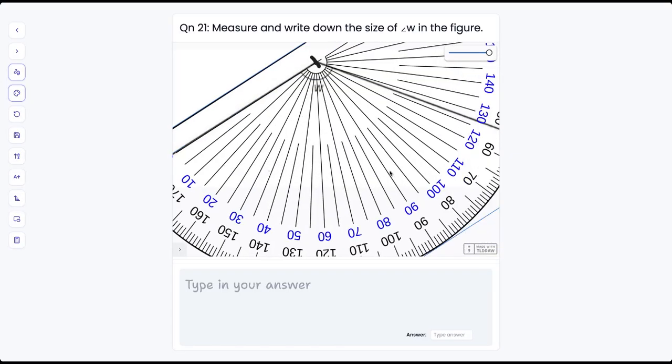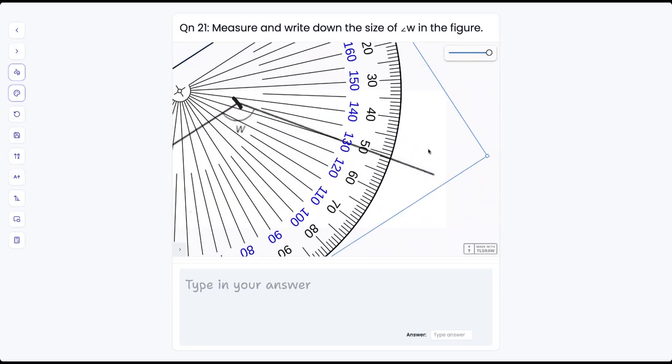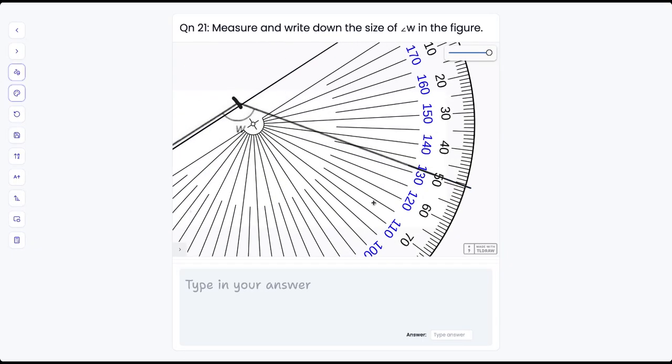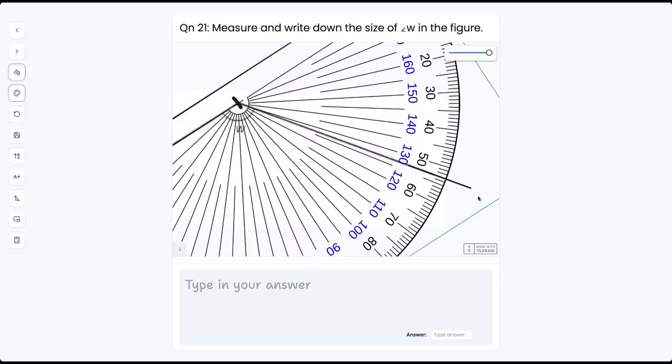And then from there, you can measure. You can also extend the line using a ruler, just extend the line like this so that you can actually measure the angle. That's what you see over here.